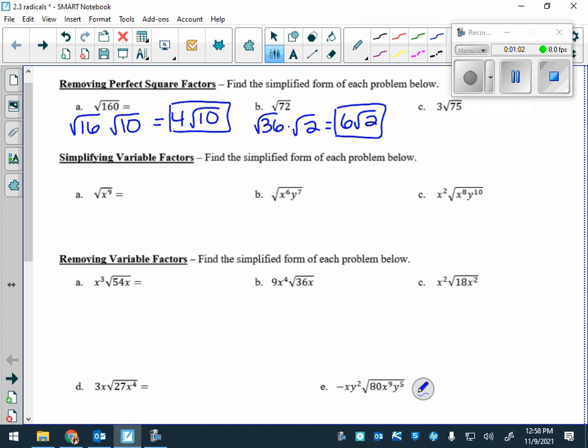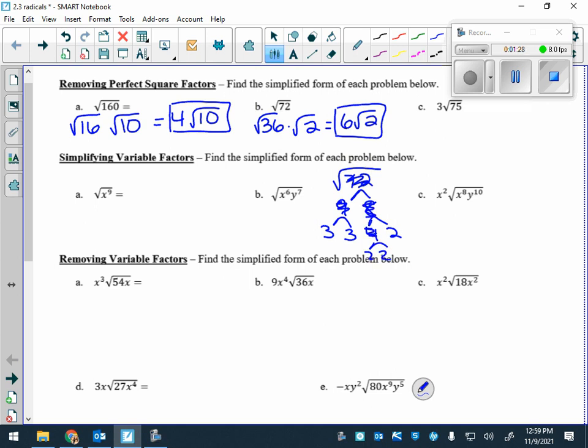Brayden? Okay. So with 72, if you broke it up as 9 and 8, this is just another way for those of you that have seen it.